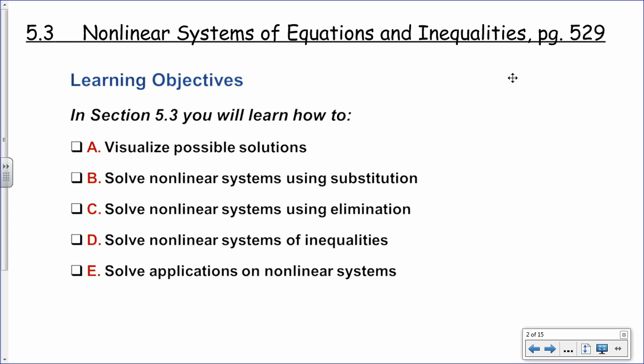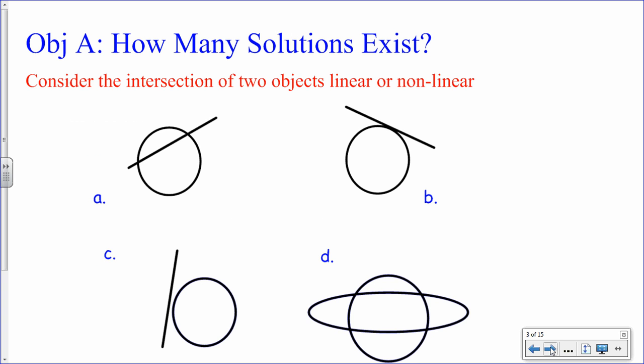Okay, so first just kind of visualizing what some of these solutions will look like. So if you have a circle and a line, it's possible to have two solutions. So that's two different ordered pairs. You would have two x values and two y values.